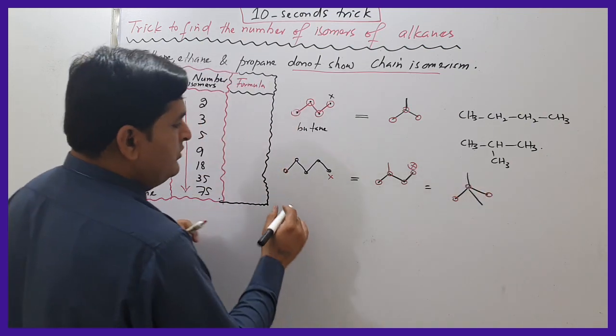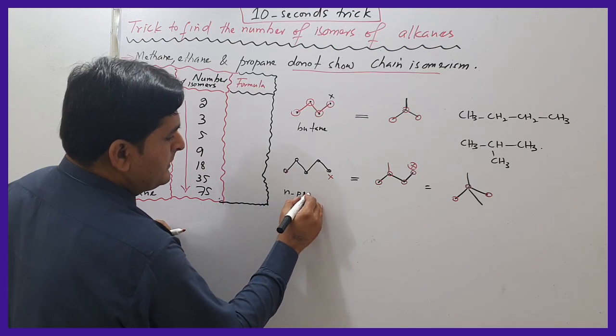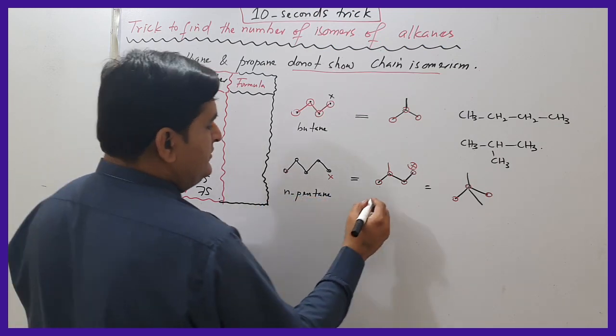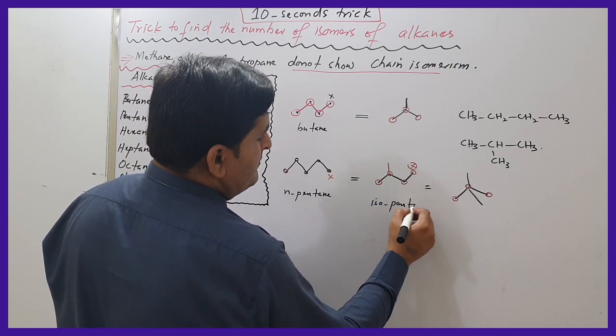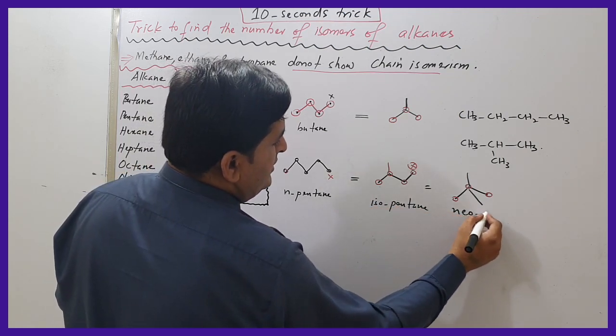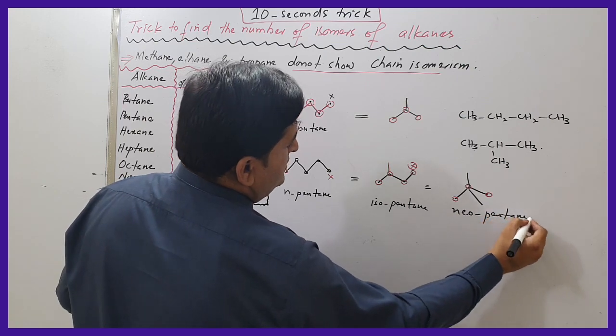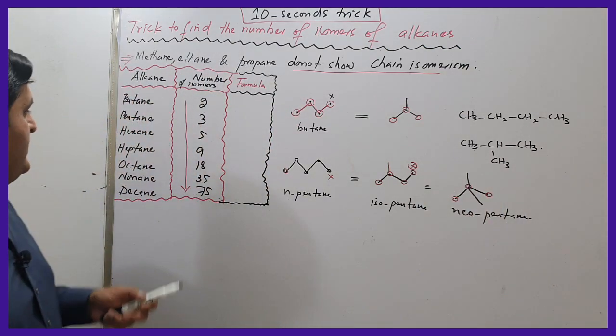So this is n-pentane, this is isopentane, and this one is neopentane.